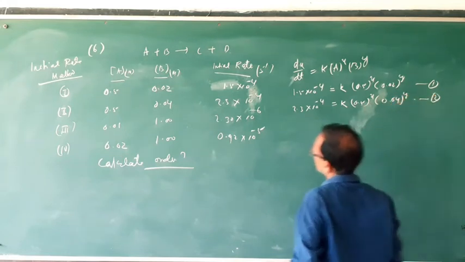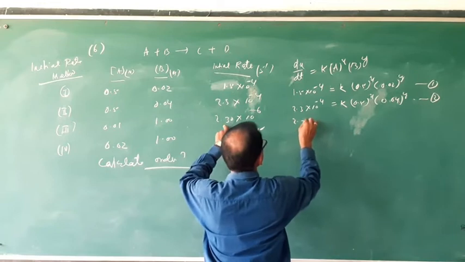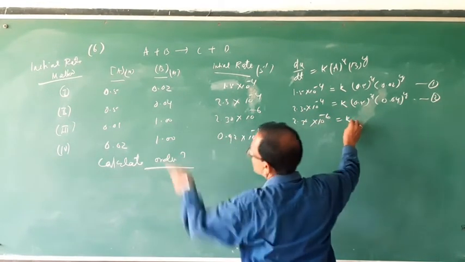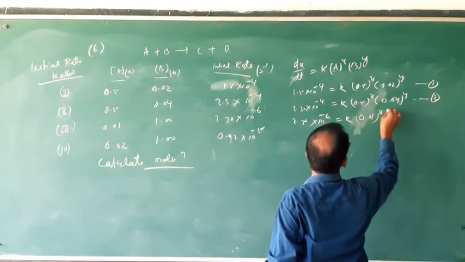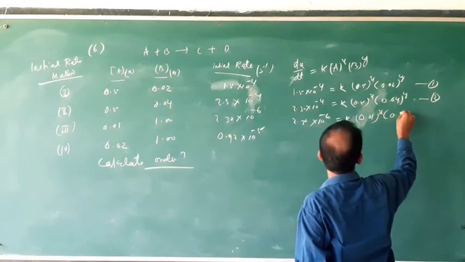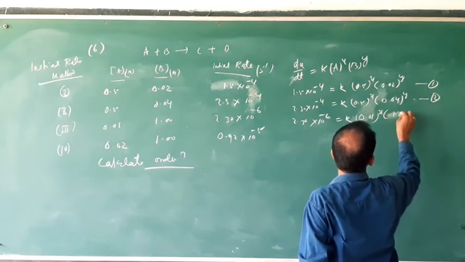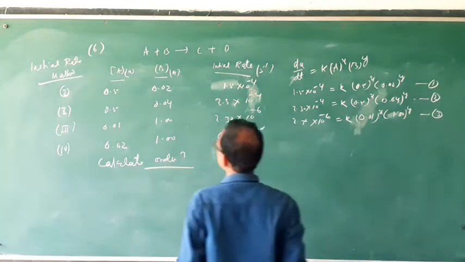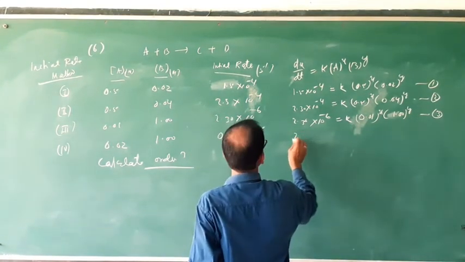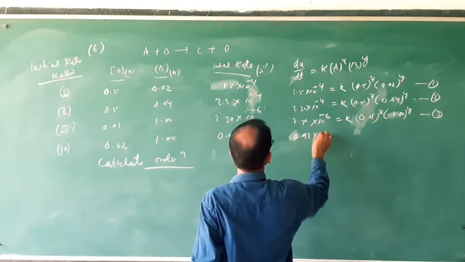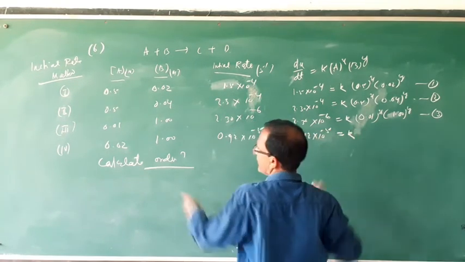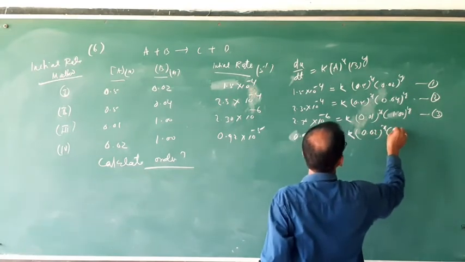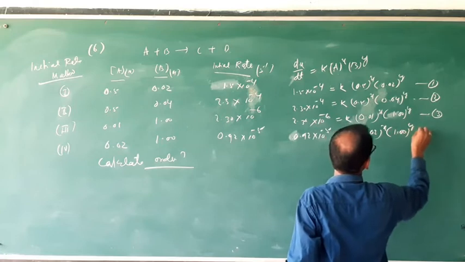Then third, 2.30 into 10 to the power minus 6 is equal to k, 0.01 to the power x and 1.00 to the power y, equation 3. Then the fourth equation is 0.92 into 10 to the power minus 5 is equal to k, 0.02 to the power x into 1 to the power y, equation 4.